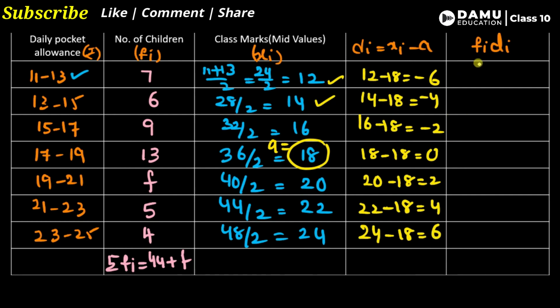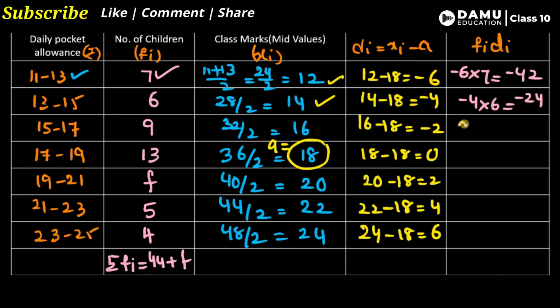So let's multiply the frequency values with the deviation values. Minus 6 into the f value, 7, we get minus 42. Minus 4 into 6, minus 24.